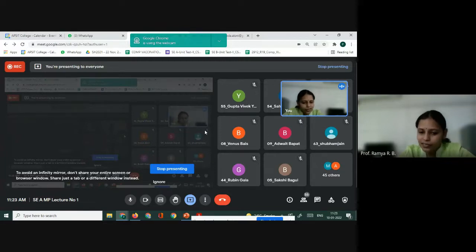Now all these devices don't have a 32-bit or 64-bit microprocessor or microcontroller in them, right?